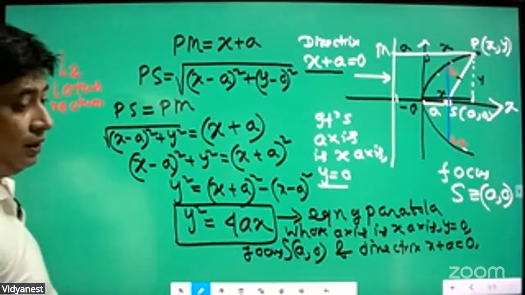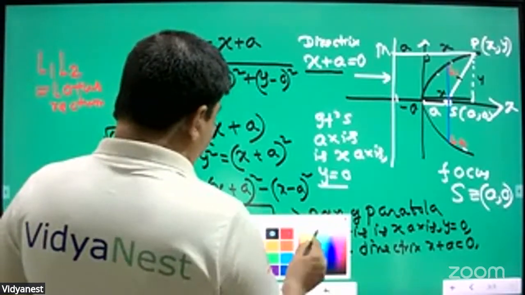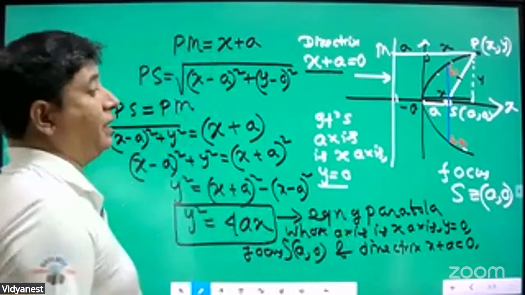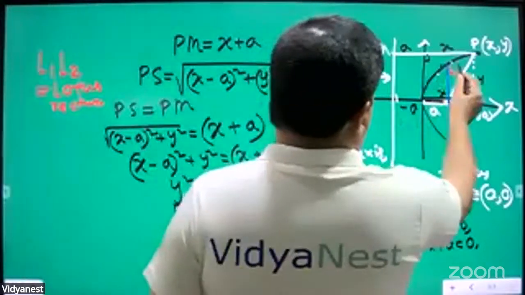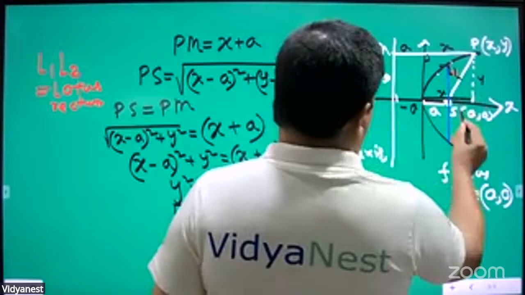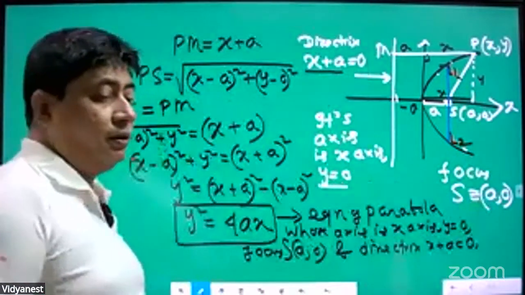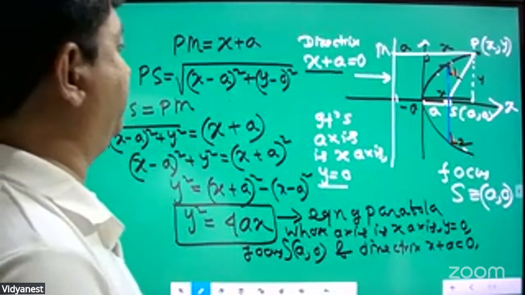Now our role is to find the length of the latus rectum. How to find the length? This is L1, this is L2. How to find the latus rectum?